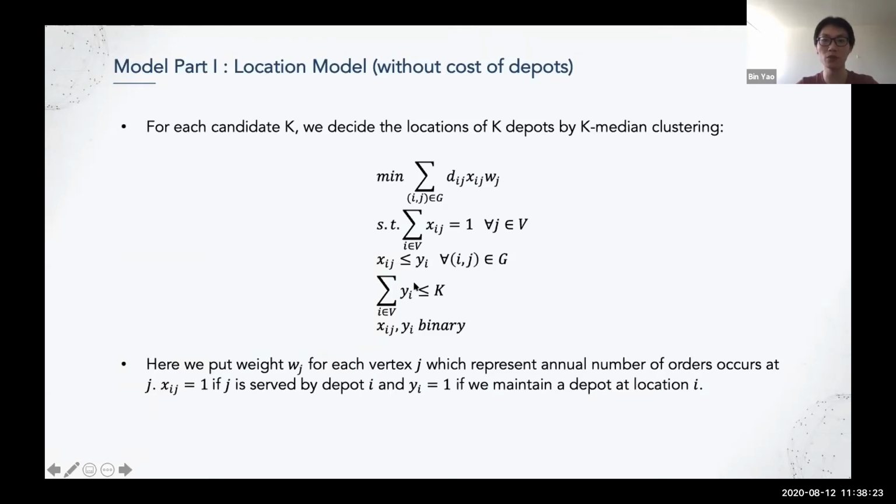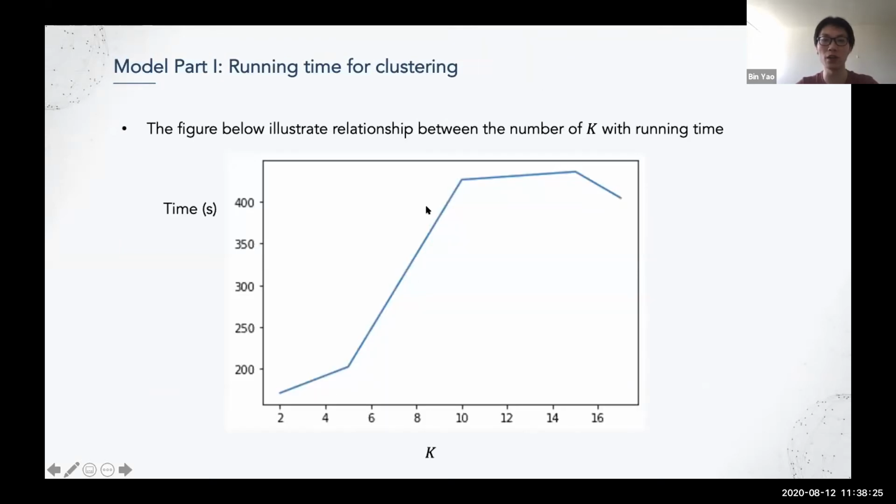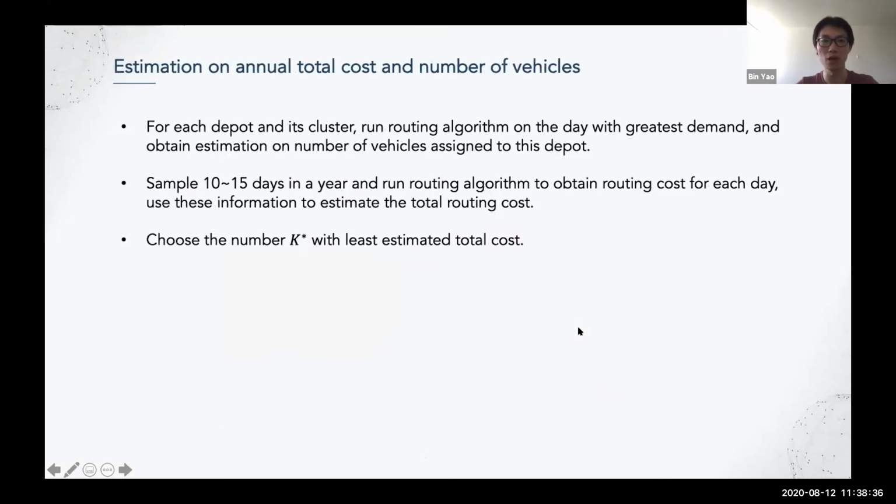After we run the clustering algorithm, this is the running time. You can see that it can be completed within at most 6 to 7 minutes. After obtaining the clustering result, we do two things. The first is to estimate the number of vehicles.